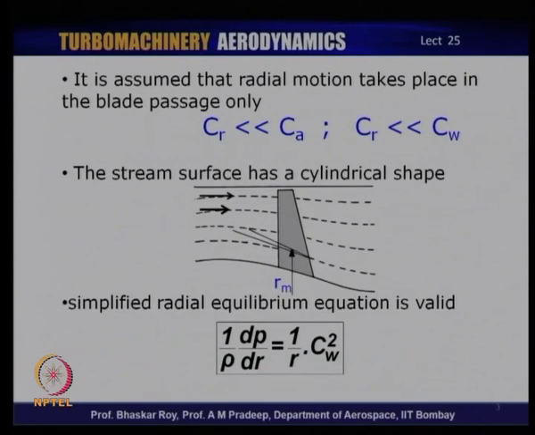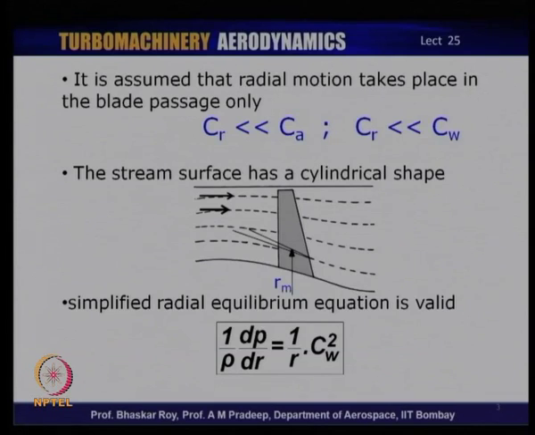So, the designers attempt to create blades which would promote flow over the blade surfaces and through the blades, which have a very small radial component C R.